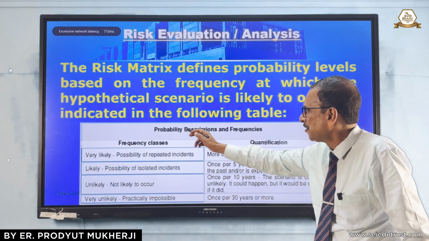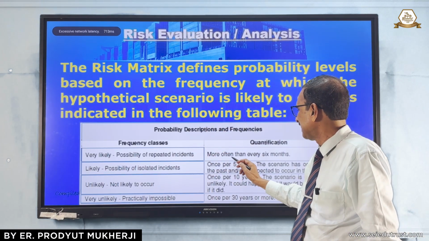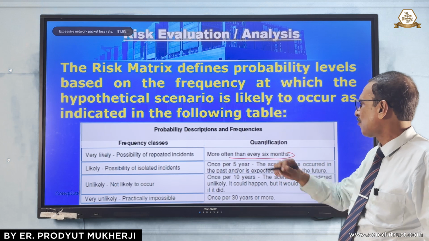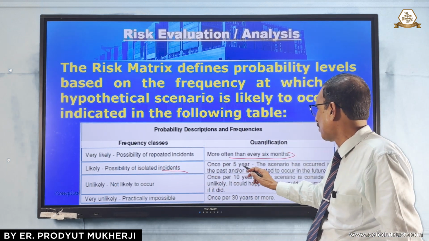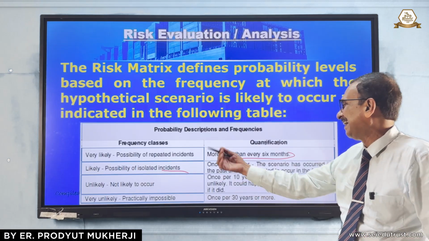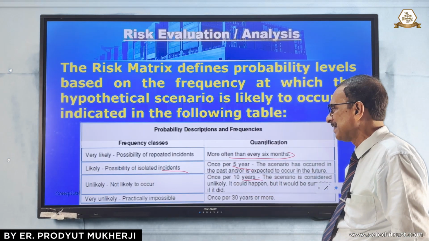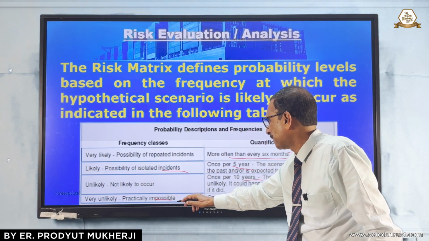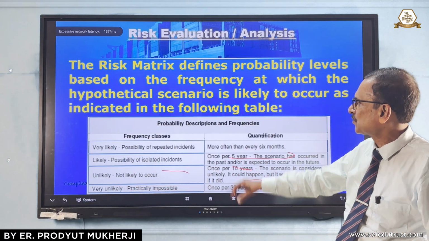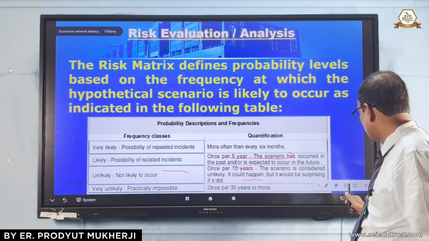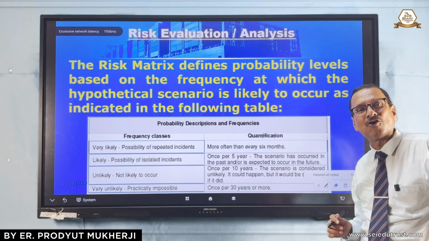So these are the probabilities. Very likely if the hazard occurs more often than every 6 months. Possibility is little lower if it is once in 5 years. Unlikely if it is once in 10 years. Very unlikely, practically impossible if it is once per 30 years. This is a standard matrix showing you the probability of a hazard occurring.